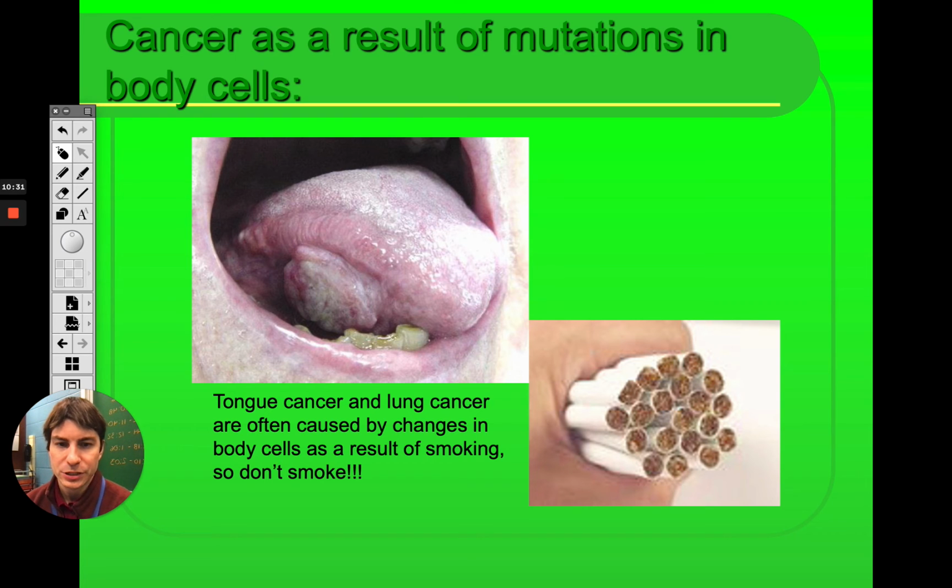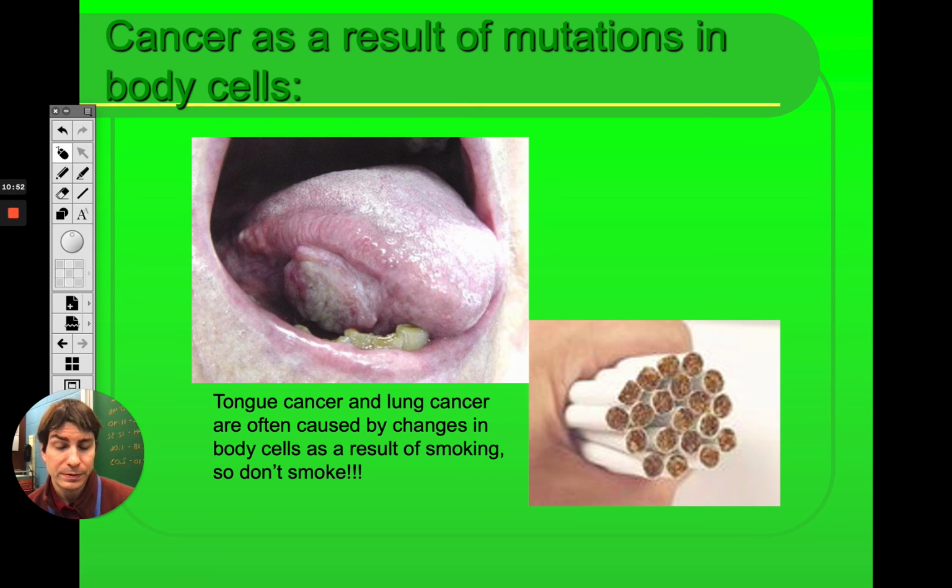Do those mutations lead to cancer? No, not always. But in the frequency of which you do things, if you're smoking more cigarettes, continuing to smoke more and more throughout the day, you have a higher risk of getting a mutation and a higher risk of developing cancer.